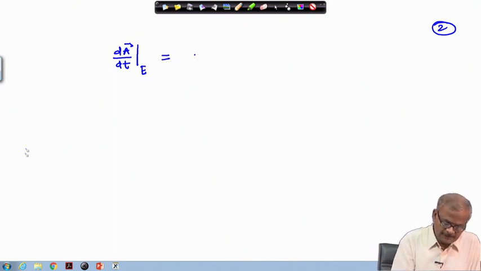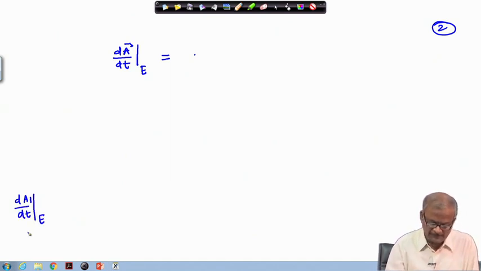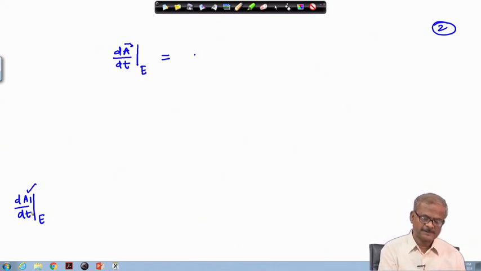Now, the quantity that you are getting here, dA 1 by dt with respect to the E frame. A 1 is a scalar quantity, so what does this mean? A 1 we have already taken along the body axis.